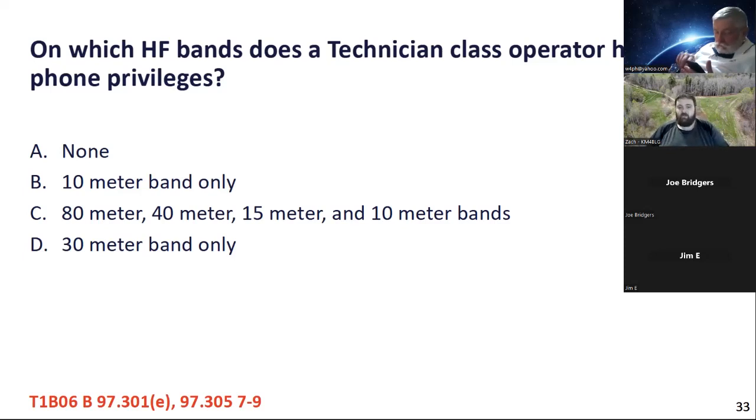Answer C could really trip you up because they do have some privileges on 80, 40, 15, and 10, but specifically which ones do they have phone privileges in? That's B. So if you don't read the question well enough, it could trip you up. Just watch for that key word of phone privileges.